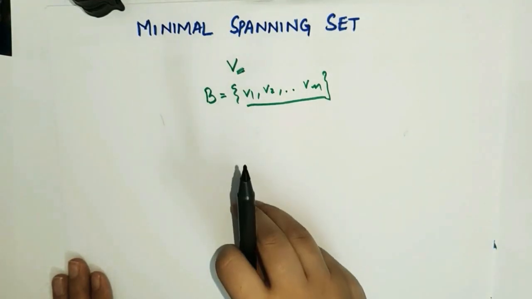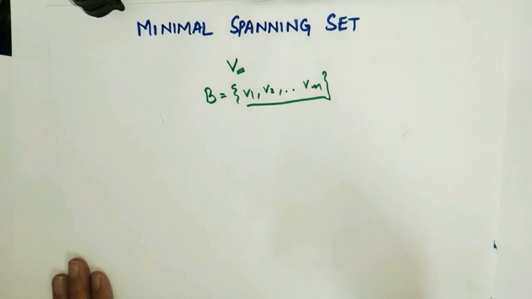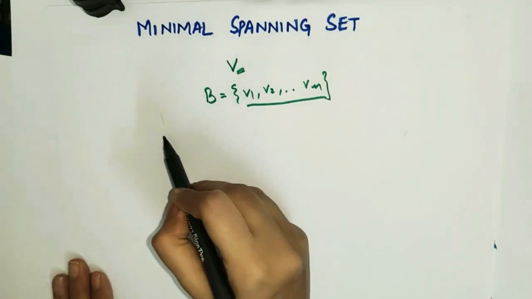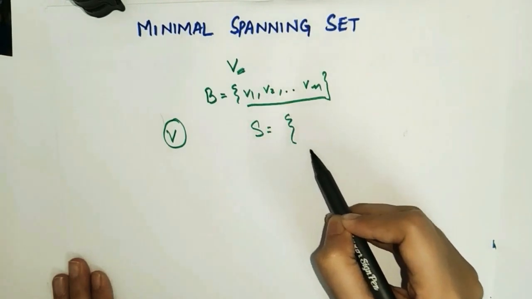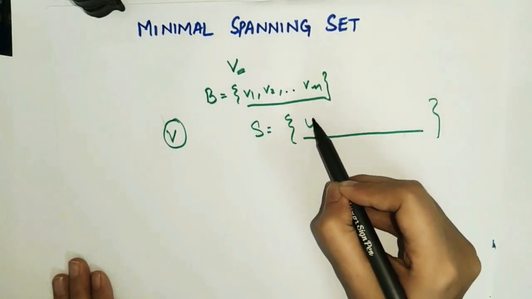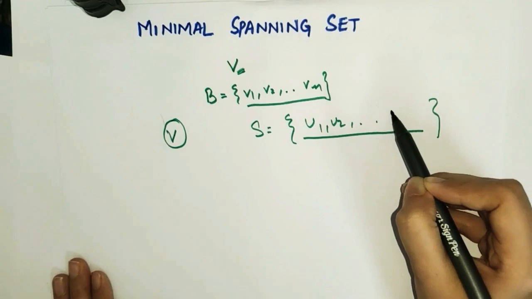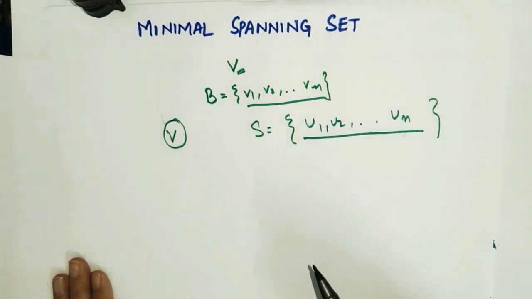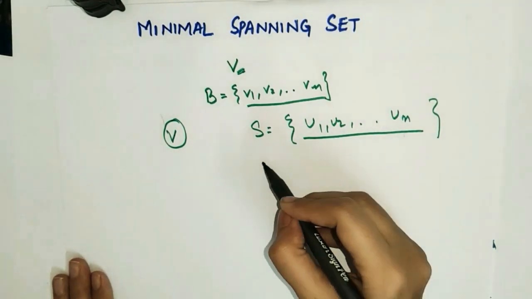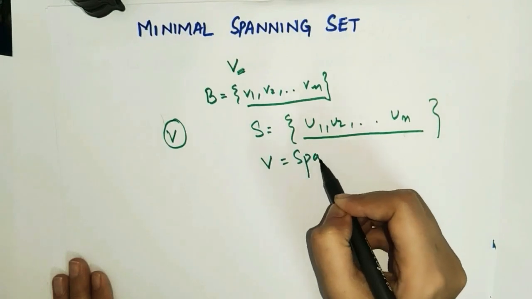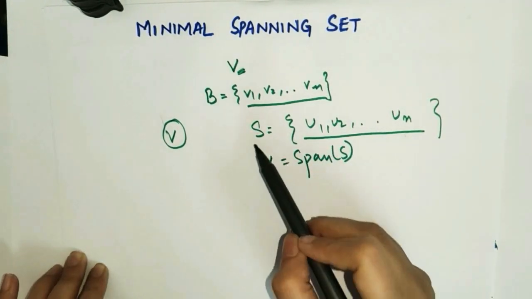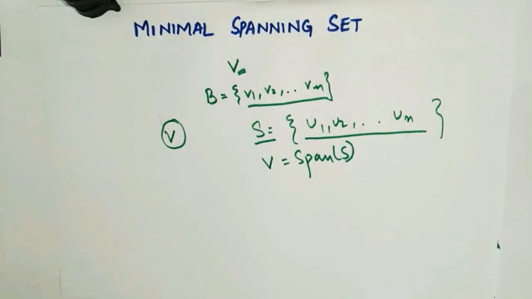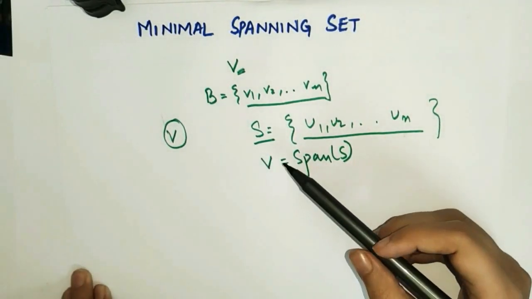Now, if I am given some question where I am given a vector space V and a set S that contains some vectors, suppose u1, u2, ..., un, and it is also given that V is equal to span S, and I have to find a basis for S, then there are two ways we can do it.